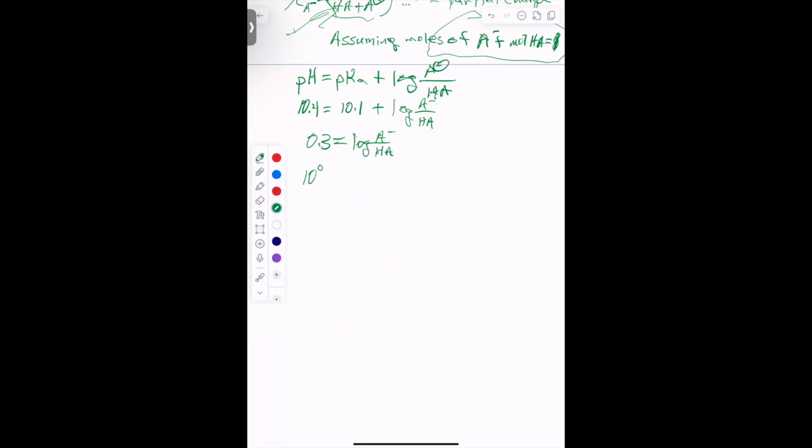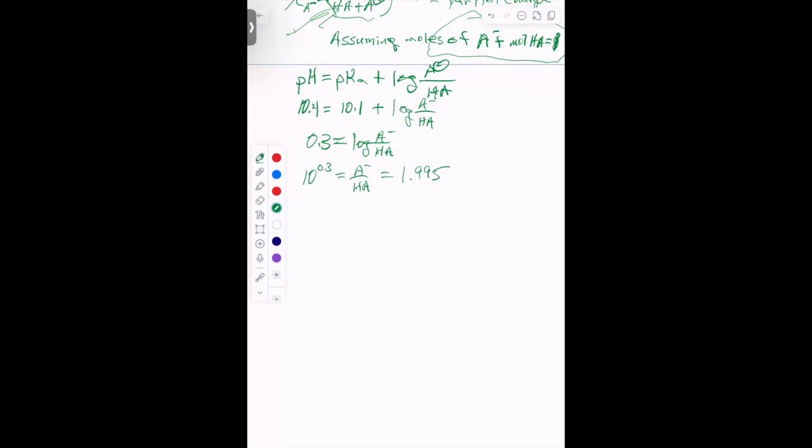10 to the 0.3 is equal to A minus over HA, which, let me do my calculator here, 1.995. So that's the ratio.